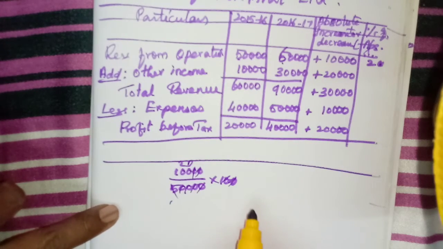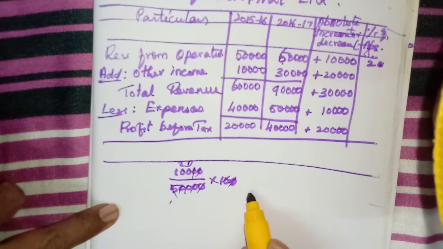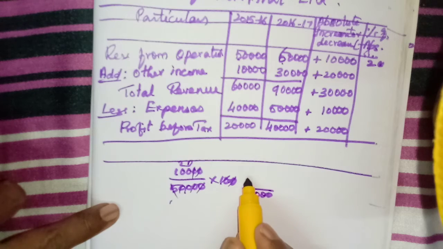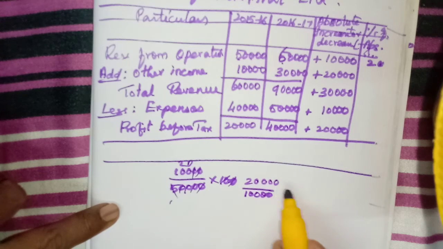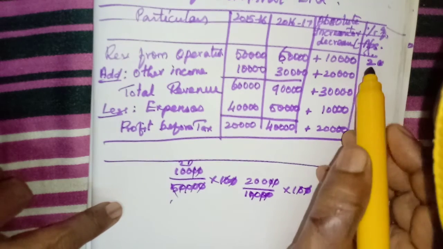For each and every item we need to calculate. Then the next one, for 10,000 the increase is 20,000. So for 100, it is 200.